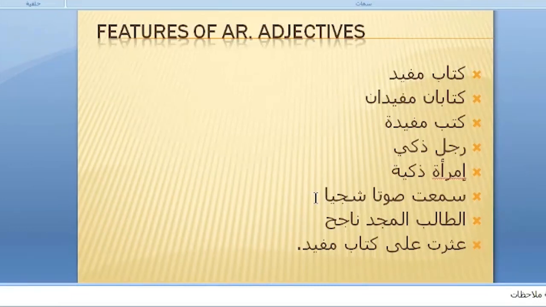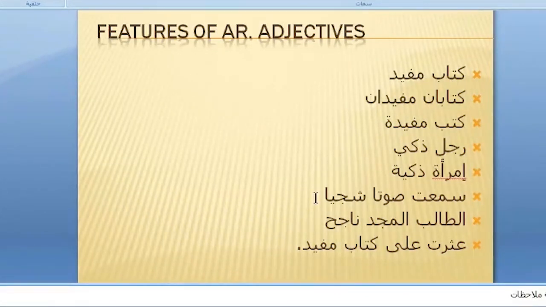And in Arabic, the object is in the accusative case. So what follows, اللي تبعه, which is the adjective, لابد أن تكون in the accusative case too, أيضا.